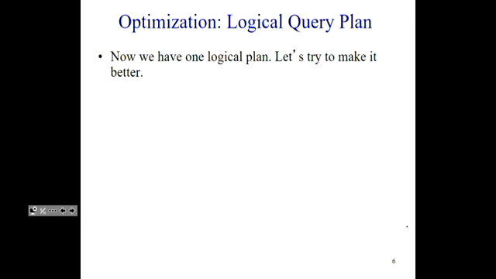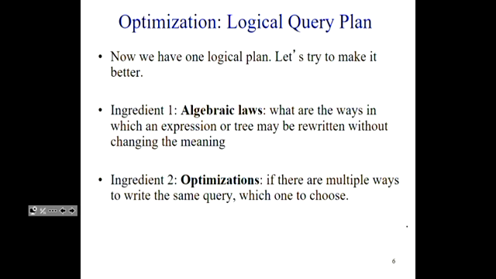So now we have one logical query plan, right? So basically the claim is, given a SQL expression, I can transform it into a select from where group by having type expression. So let's try to make that better. Starting from this, we have two ways of making this relational algebra expression or the logical query plan better. One ingredient is algebraic laws.